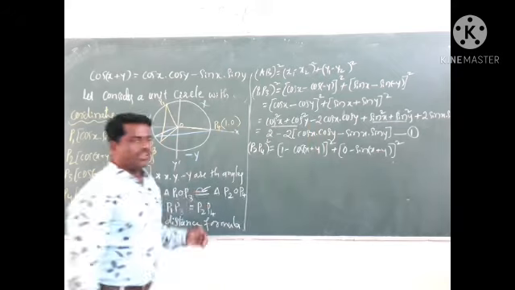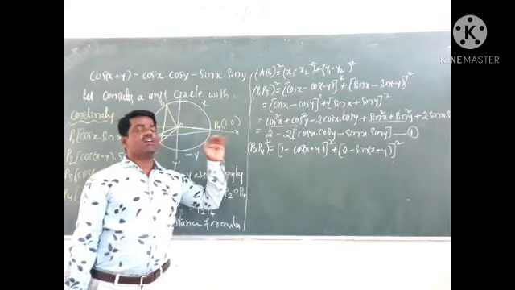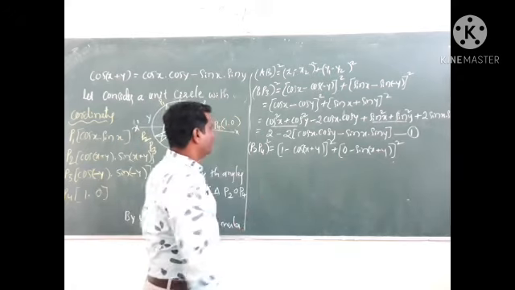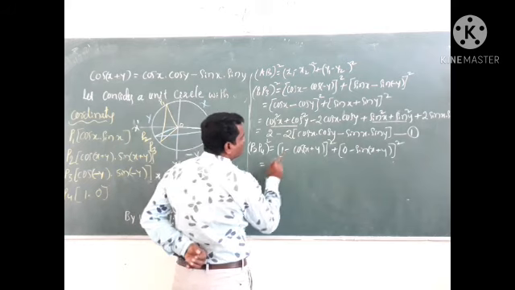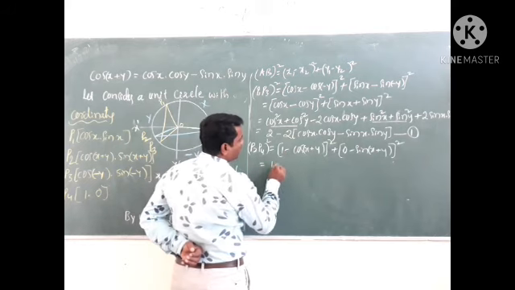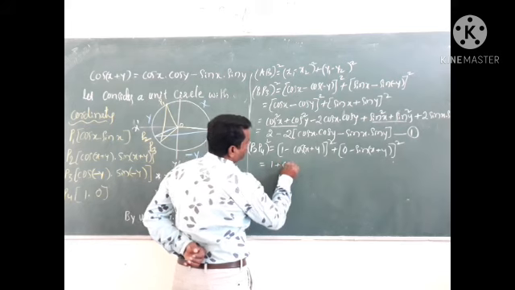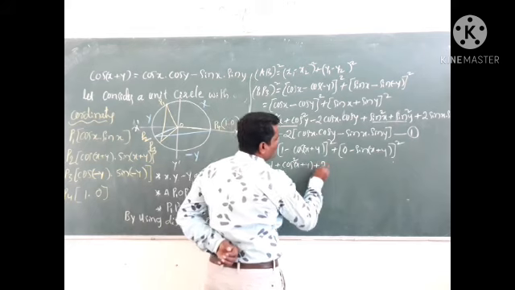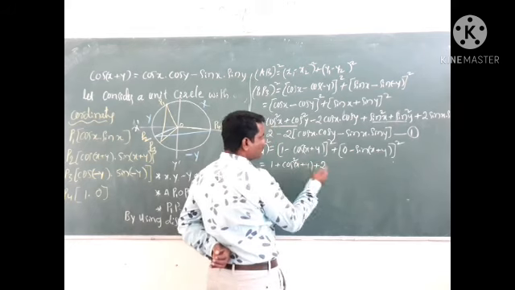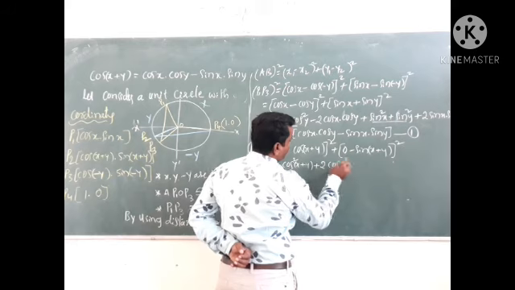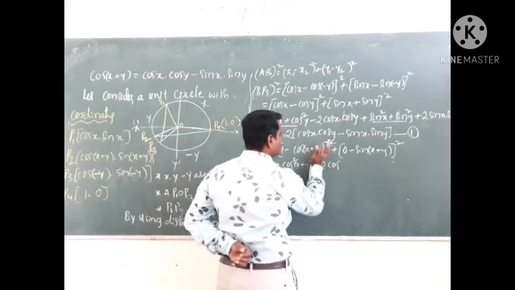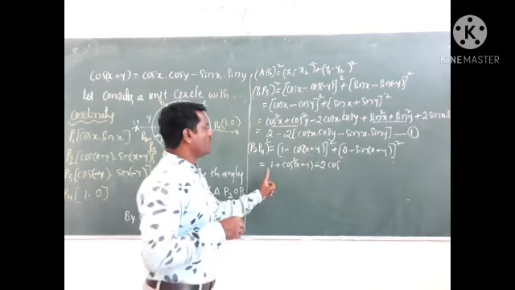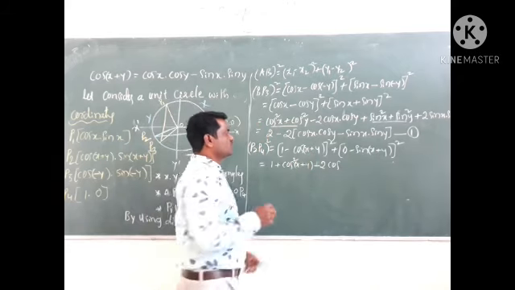You can use x2 minus x1 or x1 minus x2 whole square. Now 1 square is 1, plus cos square(x plus y), minus 2 into 1 into cos(x plus y), because a minus b whole square equals a square plus b square minus 2ab.